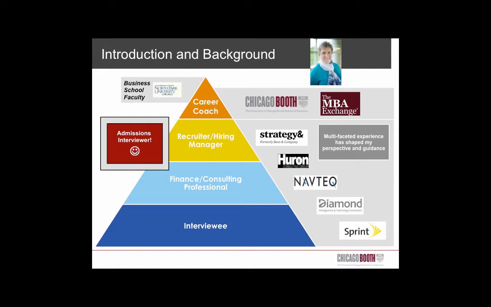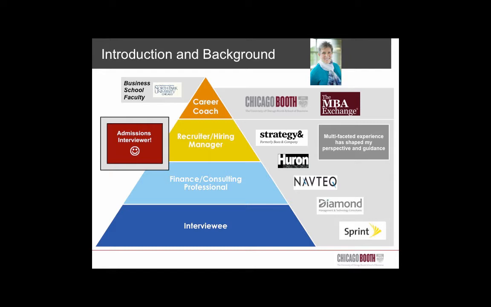The third part of my background is actually participating in various processes with the Booth community. I've done this in two ways. One, I was actually a member of the career services team as a coach in Hyde Park for a few years. And of course, we know that the career services team has a great deal of insight about the interviewing process.